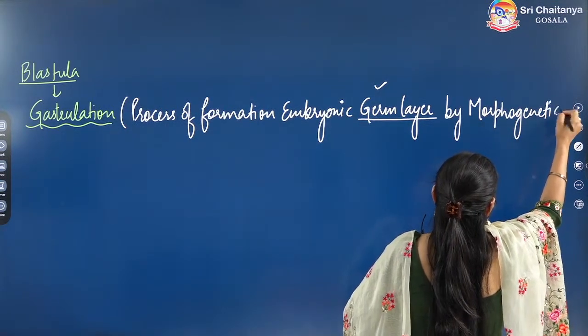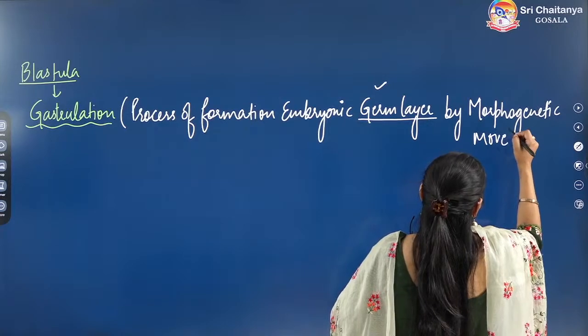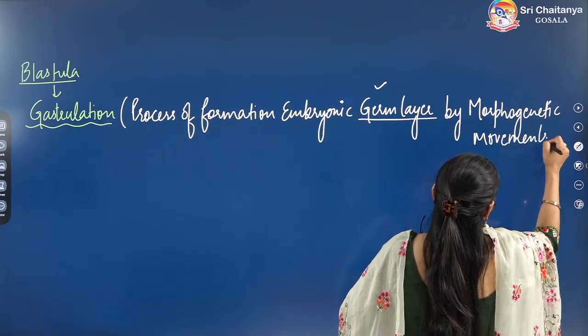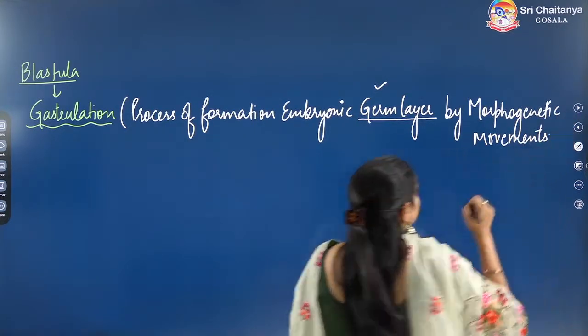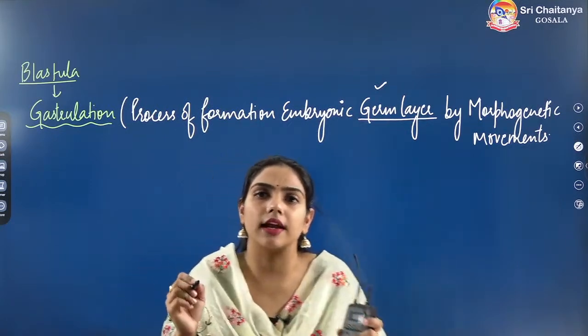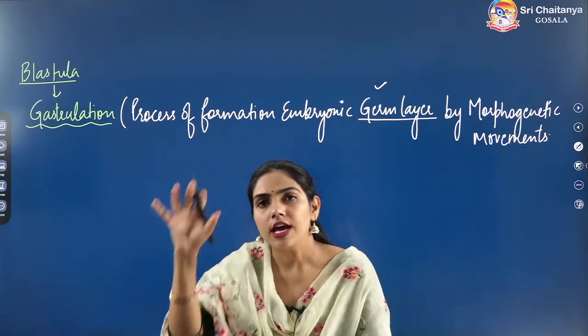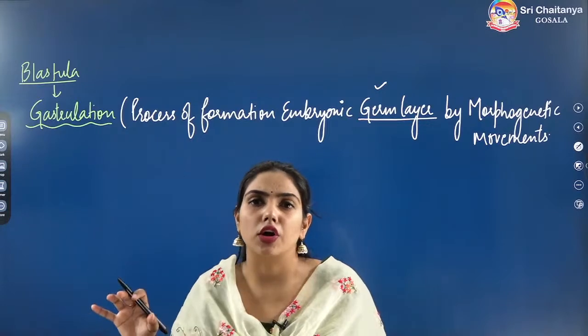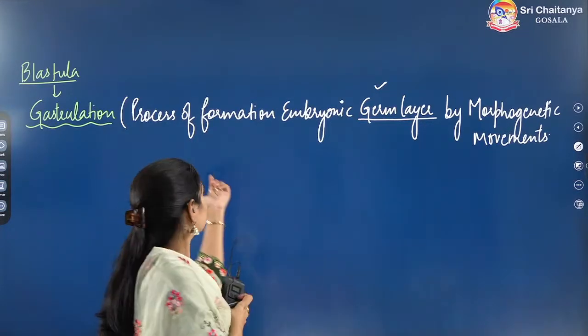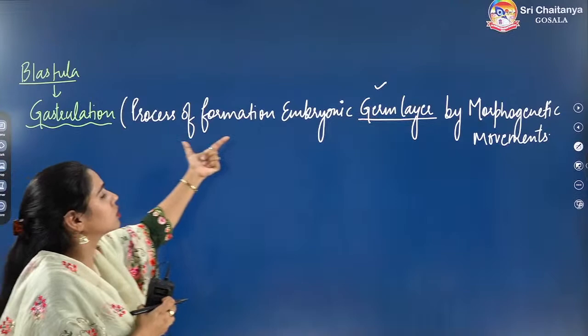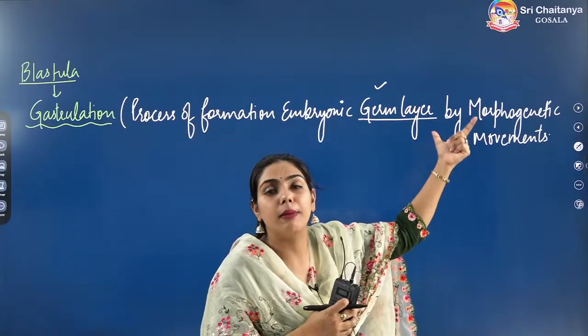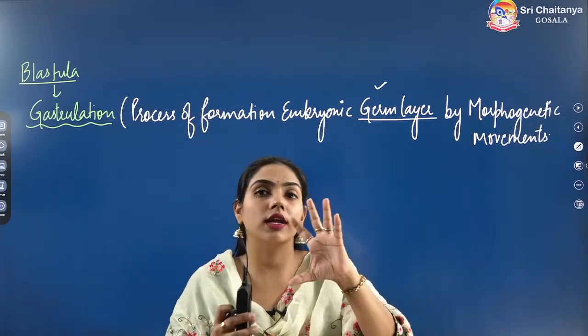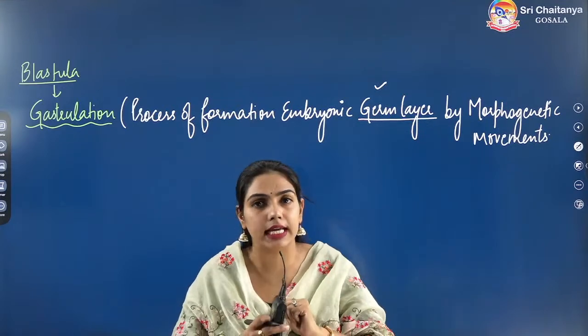We have seen so many cells in the blastula, everyone? Please tell me in the comments if you are able to understand this process of embryonic development. What are these movements? We will not go into the details of these movements.